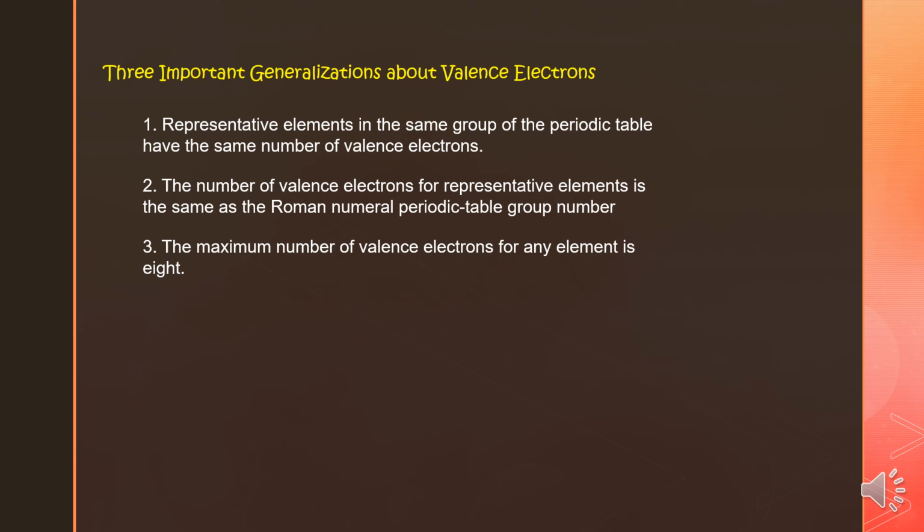Obviously, an element with a total of 2 electrons cannot have 8 valence electrons, although electron shells with n greater than 2 are capable of holding more than 8 electrons, they do so only when they are no longer the outermost shell and thus are not the valence electrons.